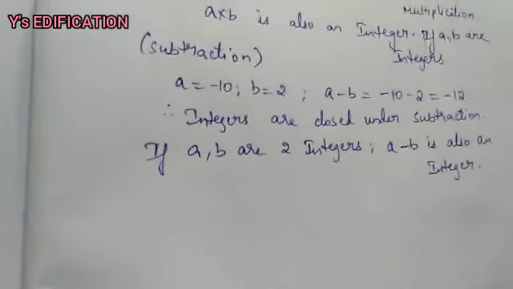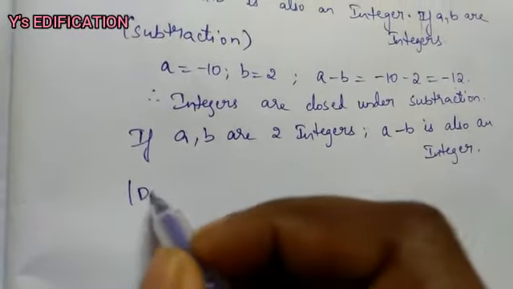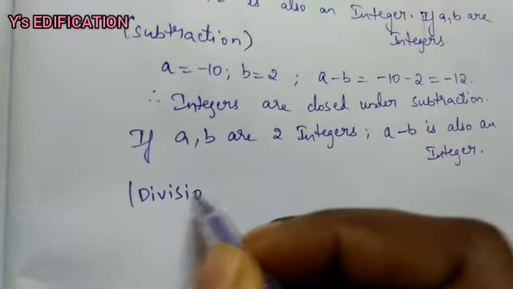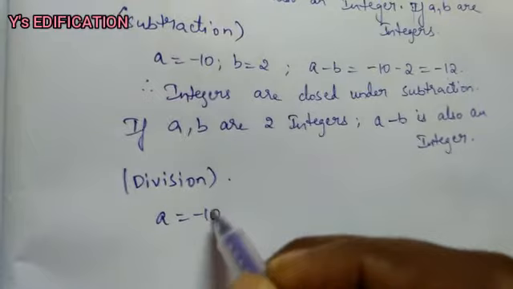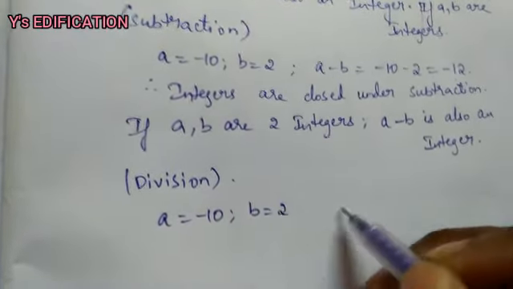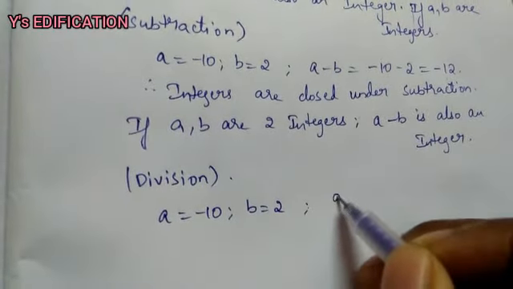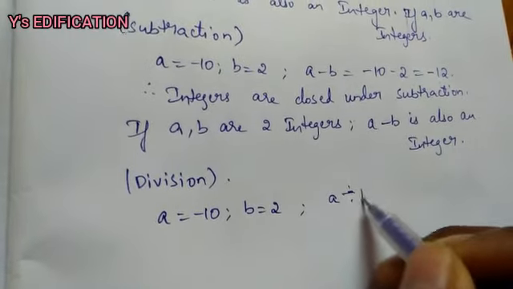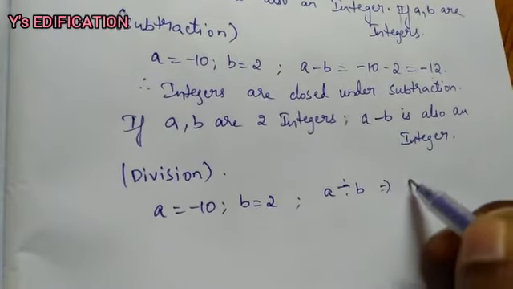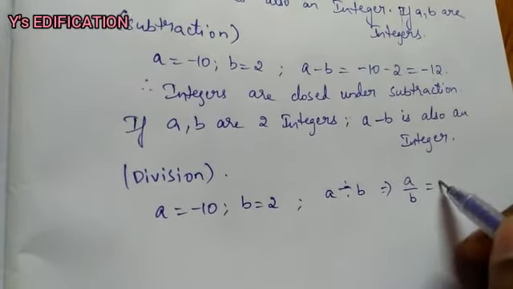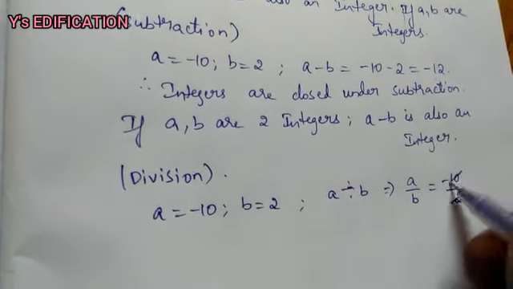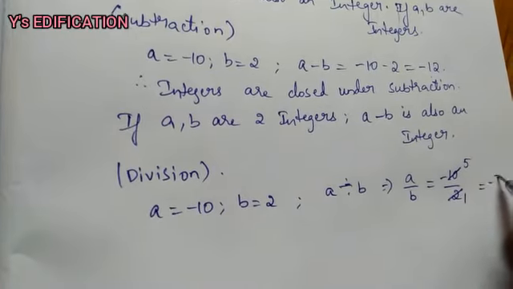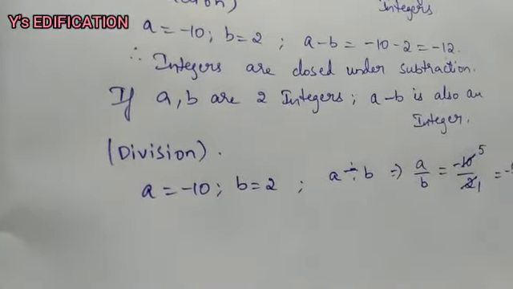And in the same way we will do one more operation, that is division. Same example I'm going to take again. a is equal to -10, b is equal to 2. Now a by b, that means a by b is equal to -10 by 2. 2 into 5, the result is -5.